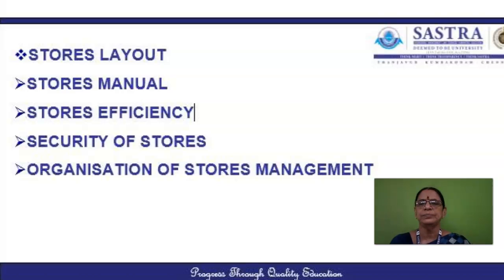Receiving section. This section performs the following functions, namely receiving the incoming materials, checking and inspecting the quality of the incoming materials, preparing the goods inward note, notifying the indenters of the special requisitions regarding the arrival of the materials, informing the purchasing section regarding the excess supply or the shortages or the defectives if any, and delivering the materials to the appropriate stores.